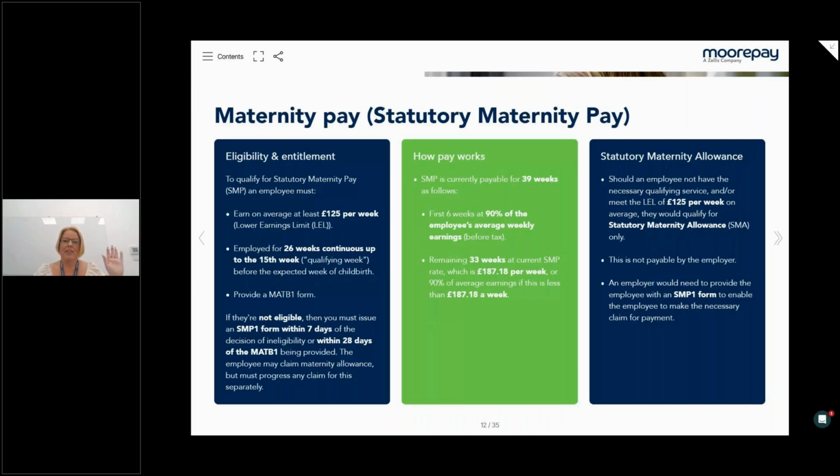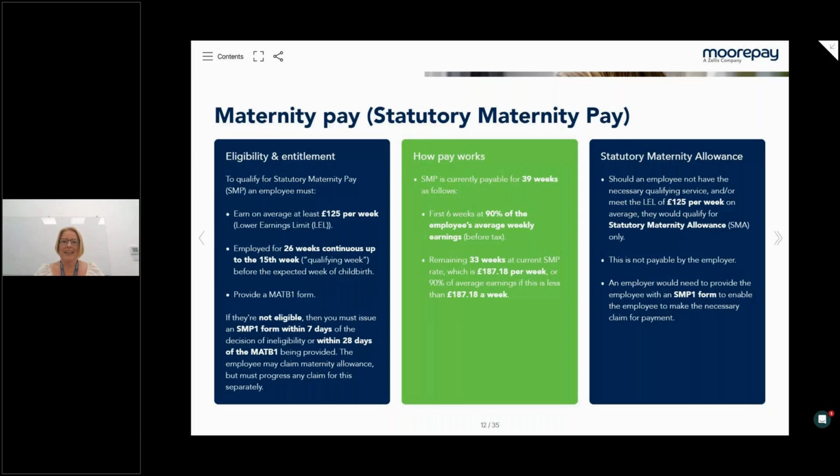So they get 90% for 6 weeks, and then the rest of the pay period, which is 33 weeks, is paid at the current statutory rate, which is £187.18 a week, or it's paid at 90% of their average earnings if their average weekly earnings are less than that, but over the lower earnings limit.